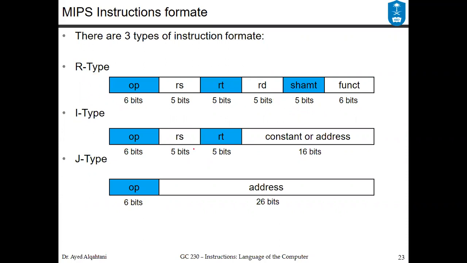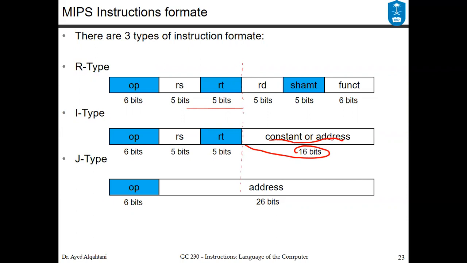Now for the I type, we take this into 2. Let me draw it nicely. If you divide all the formats into 2, the I type will take 16 bits and make it the constant or the address.